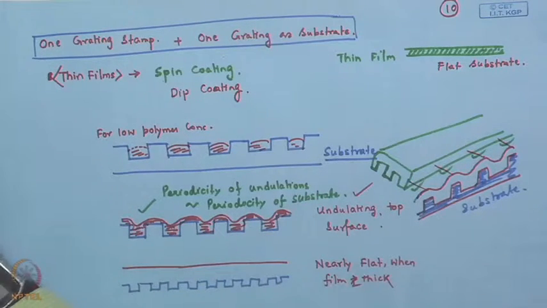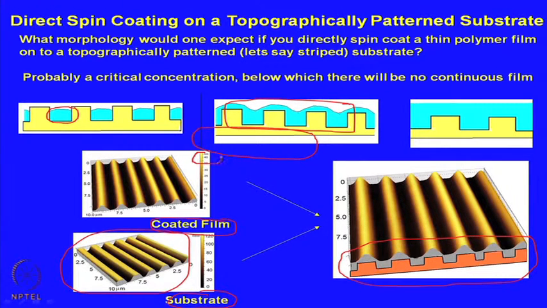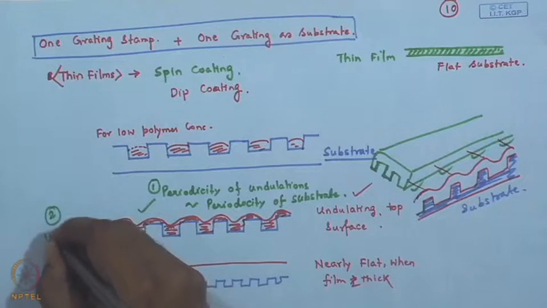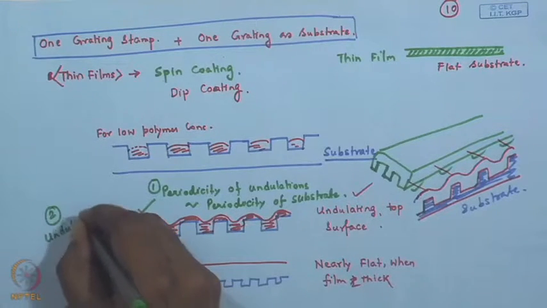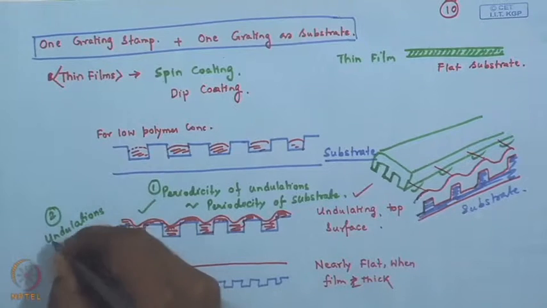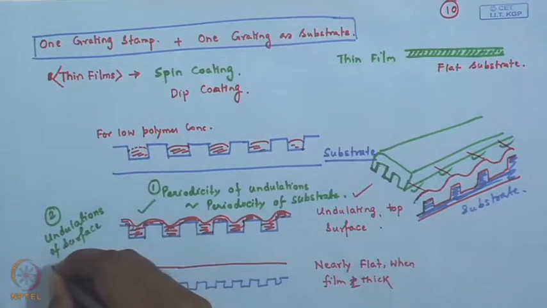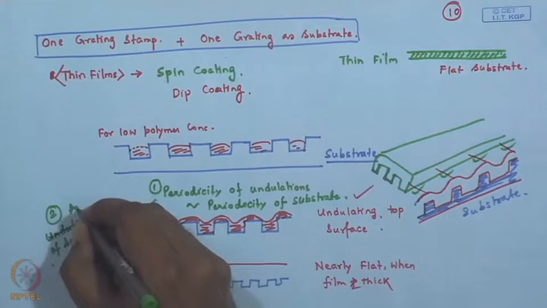The amplitude of the undulations, here you can see 40 nanometer is the maximum height, here the maximum height is 120 nanometer. This is the first thing to note. The second thing to note is the amplitude of the surface undulation, sorry.